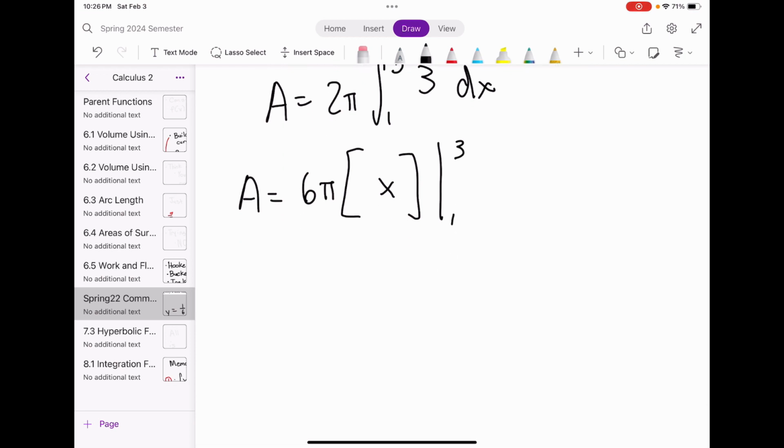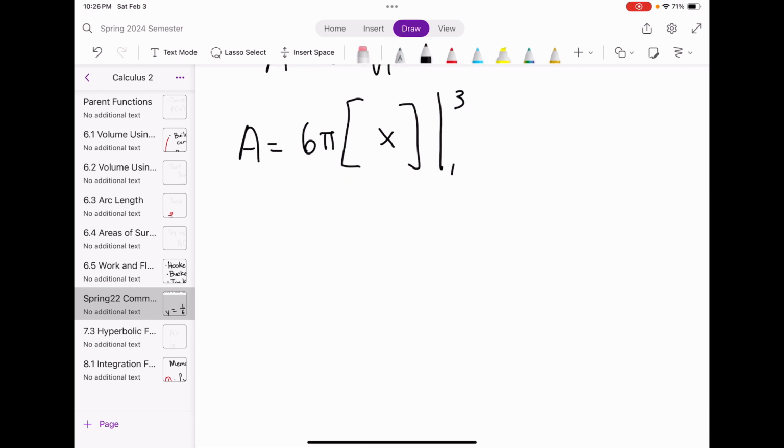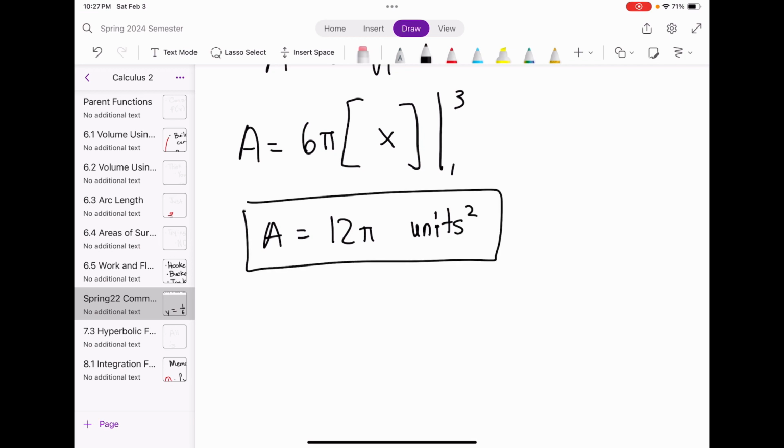No. Oh my god. Don't skip the math. 3 minus 1 is 2 times 6 pi. You get A is equal to 12 pi units squared. Pretty good stuff.